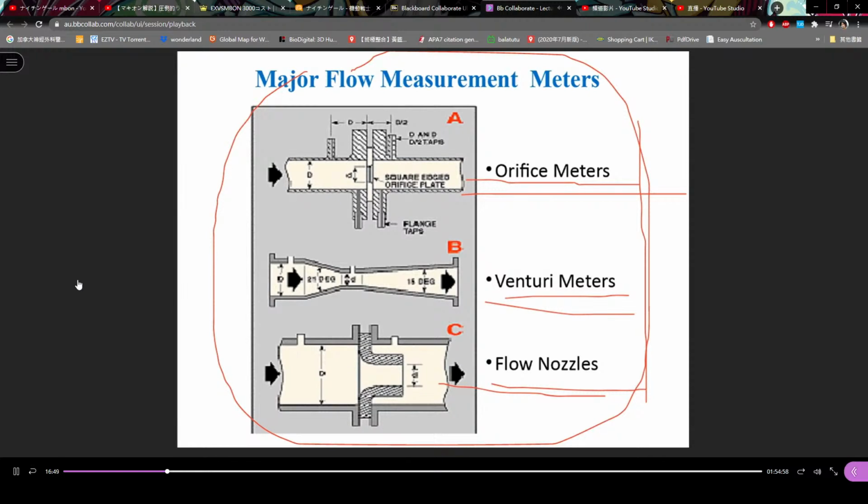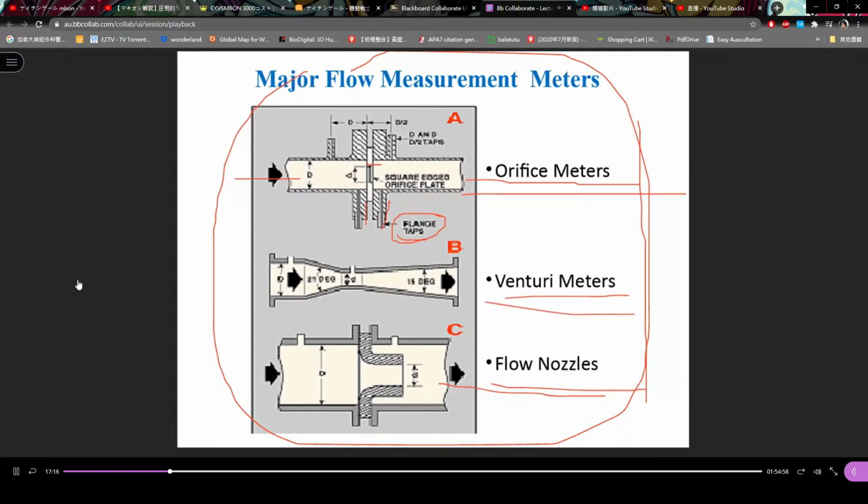See, the orifice, similar principle. We have a smaller opening here. If we want to measure the flow rate of this pipeline, we simply cut it, add 2 flanges here, and then insert an orifice.